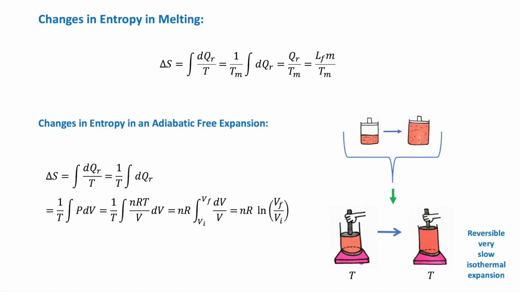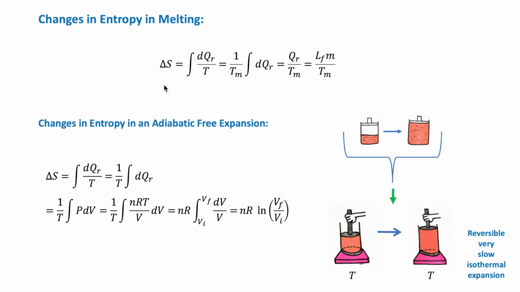So let's consider now the example of the change in entropy in melting. If a mass m of a substance melts at a temperature Tm, and if the latent heat of fusion is Lf, we want to find the change in entropy of the substance.